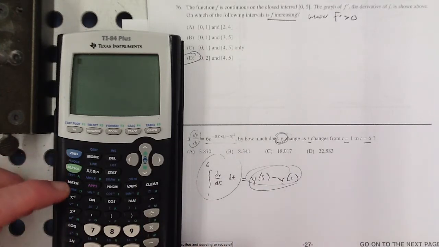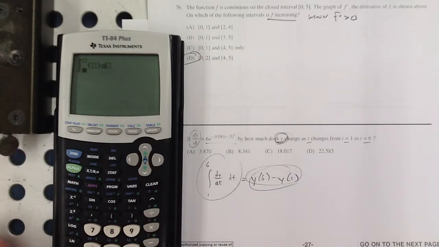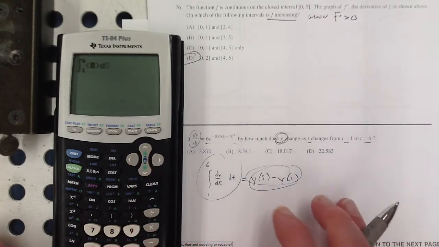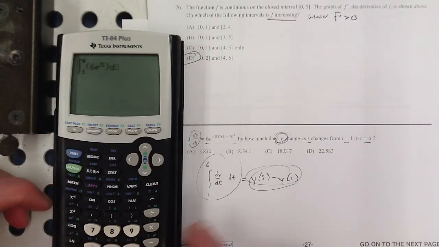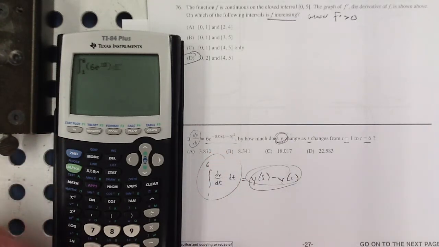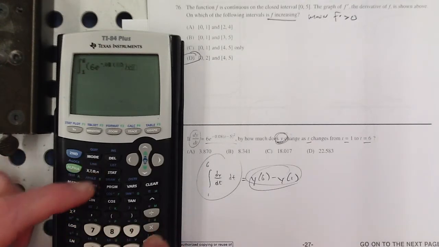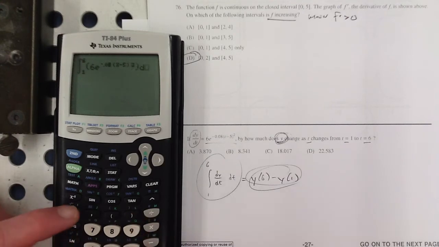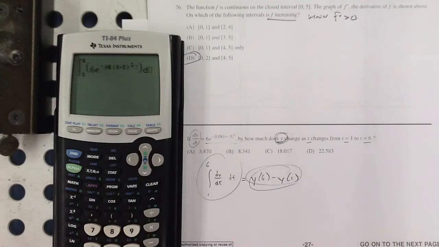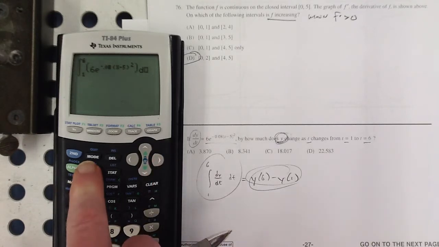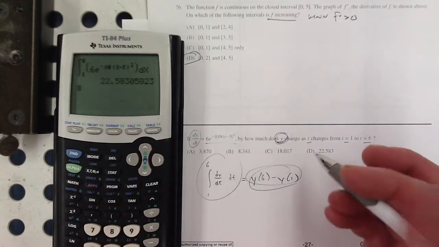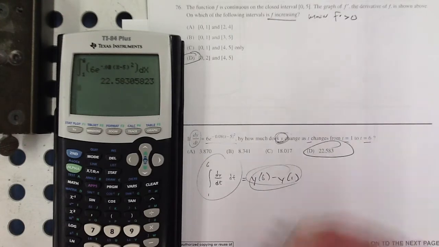I'll just do math 9 from 1 to 6 of this, 6 e to the negative 0.08 times x minus 5 squared. That looks good.